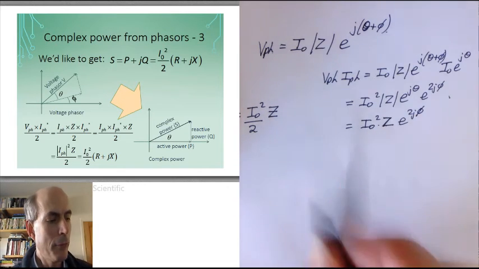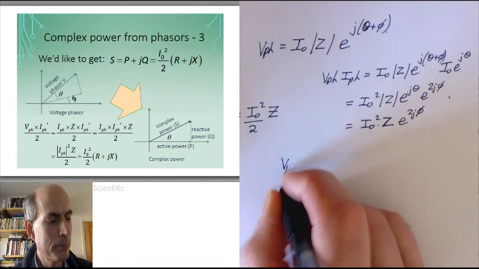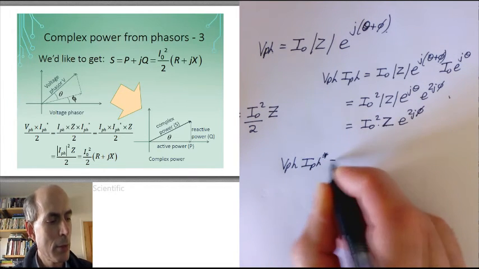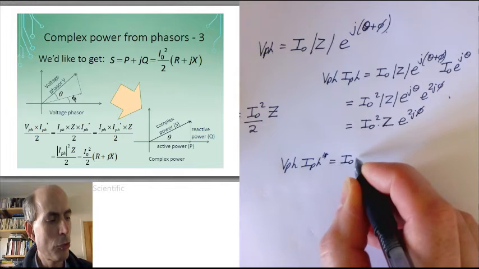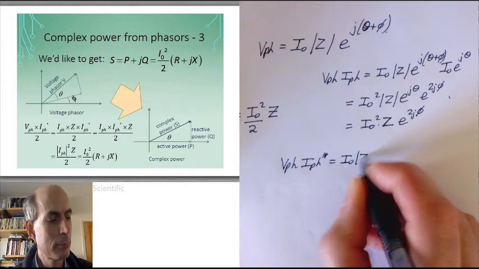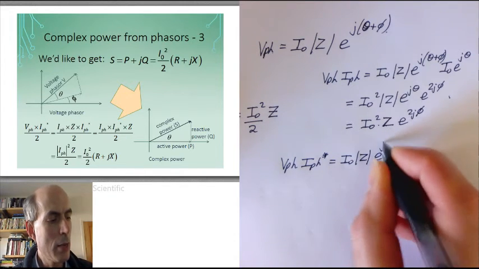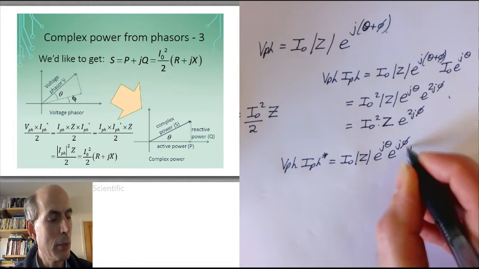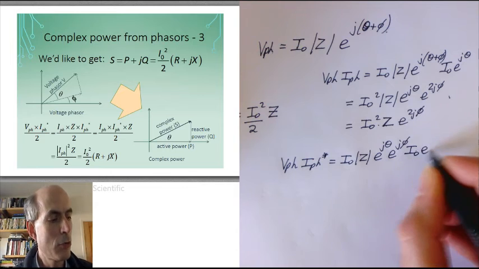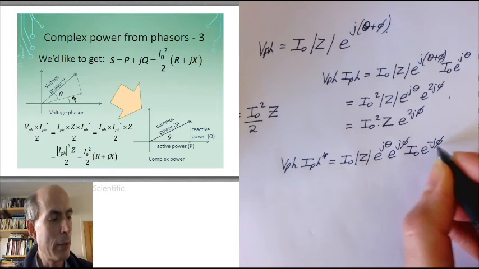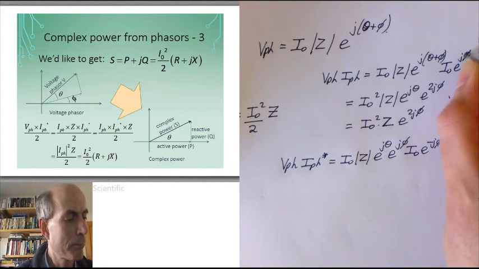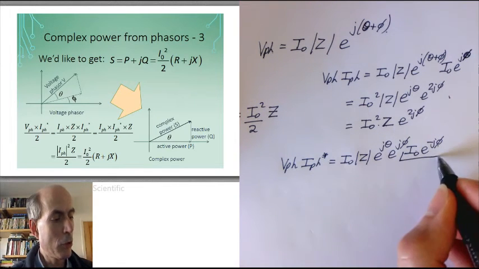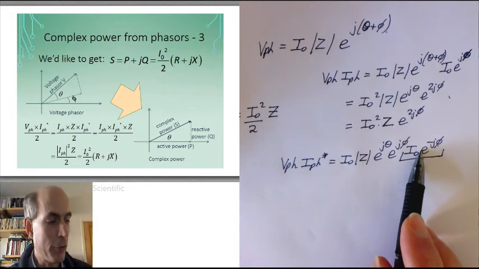However, if I multiply the voltage phasor by the complex conjugate of the current phasor, that would give me I0 times Z e to the j theta e to the j phi times I0 e to the minus j phi. Because that is the complex conjugate of my current phasor.